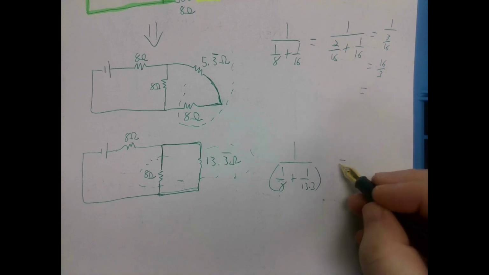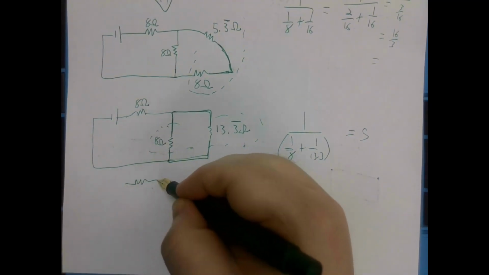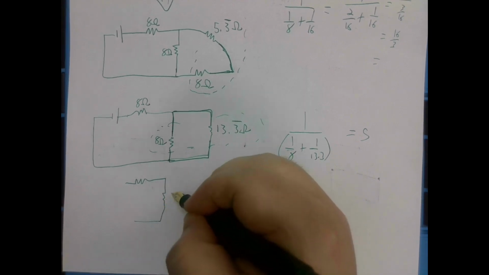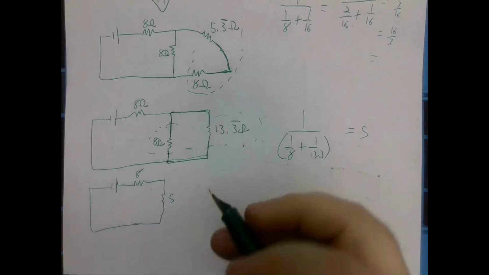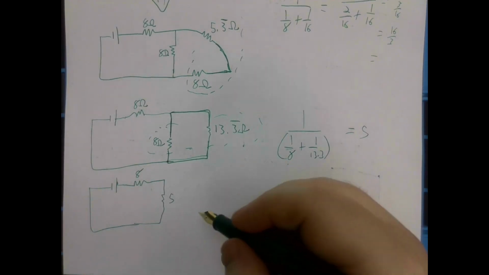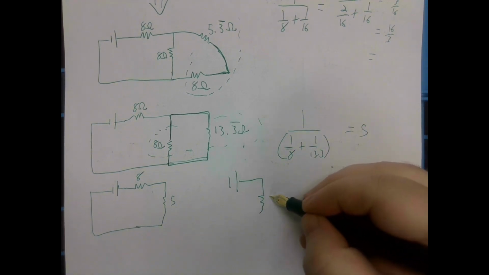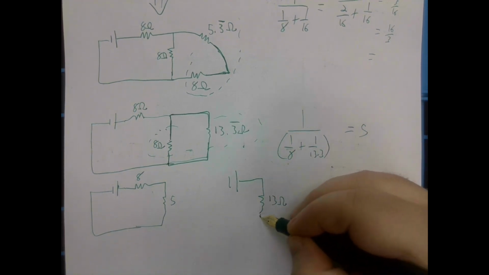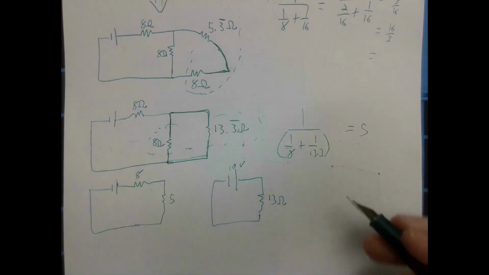So that's equal to 5. So that's 5, that's 8. 8 plus 5 is 13, so that's equivalent to a battery connected to a 13 ohm resistor. And now we have one resistor, one voltage source.